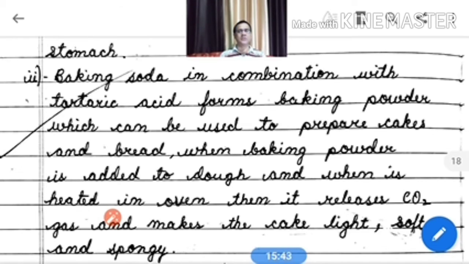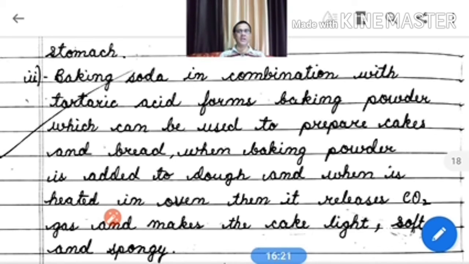You add baking soda in the dough and put it in the oven, and when it is heated, sodium hydrogen carbonate, that is baking soda, forms sodium carbonate, और जो sodium carbonate होता है, that is bitter in taste. Since it is a base, it is bitter in taste, so it does not give sweetness to the cake. तो हम क्या करते हैं, we add tartaric acid. Tartaric acid is the acid, sodium carbonate is the base.